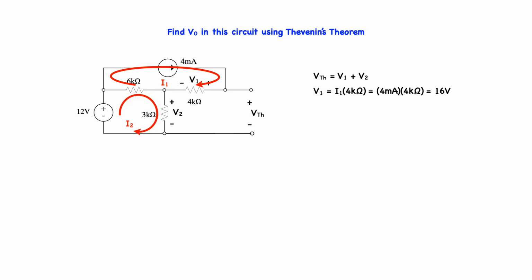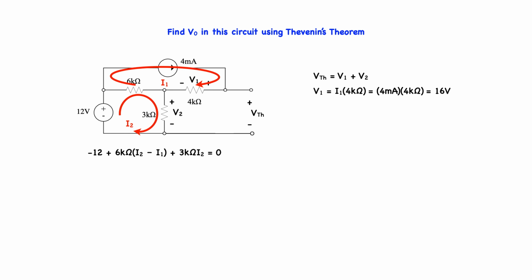And Kirchhoff's voltage law around the loop I2 yields this equation: minus 12 plus 6K ohm times the quantity I2 minus I1 plus 3K times I2, which is equal to 0.